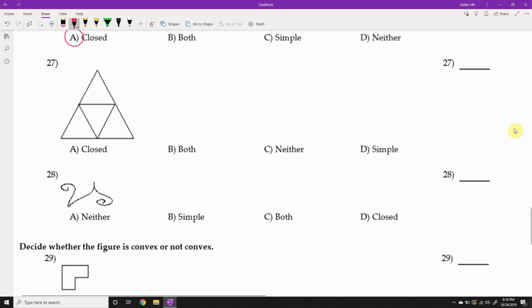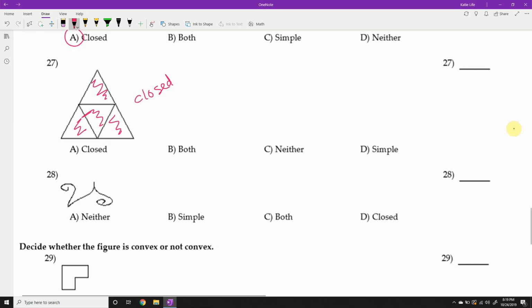All right, number 27. 27 is definitely closed. One way I like to think about the definition for closed is if you were to imagine that it was fencing and you put an animal inside the figure in some place, could it get out? Is there an opening? Well, pretty much everything in here has a very clear boundary to it, so it's definitely closed.